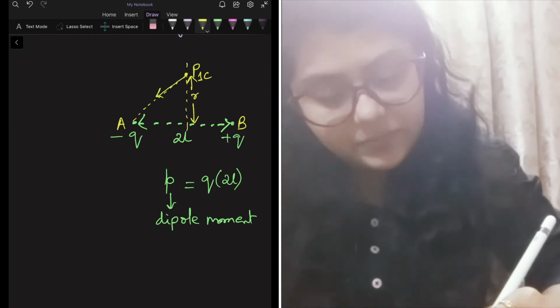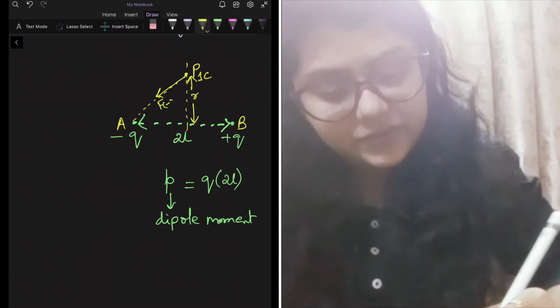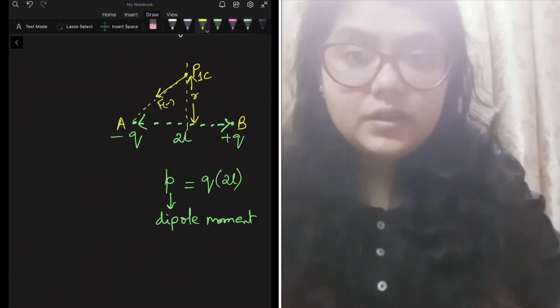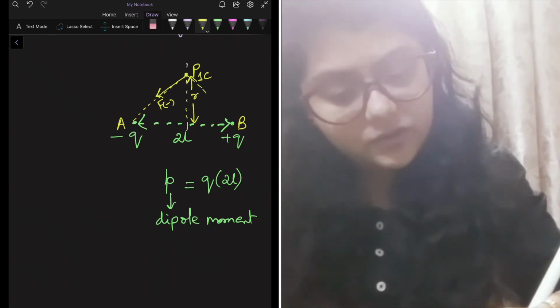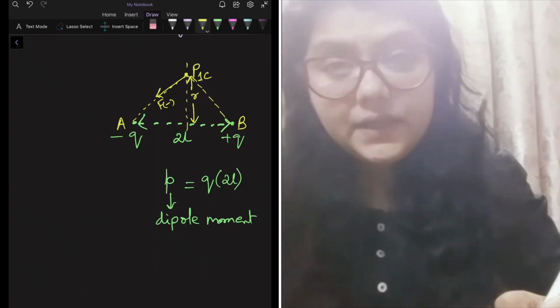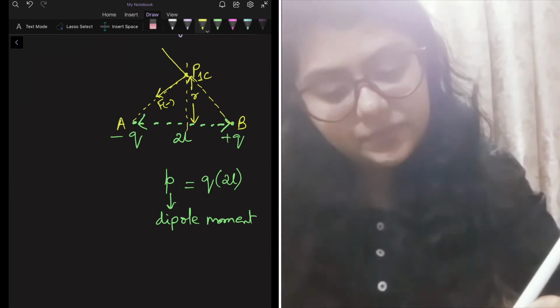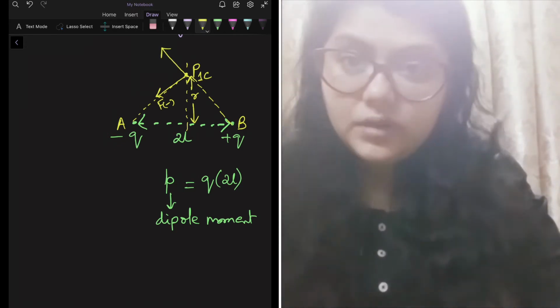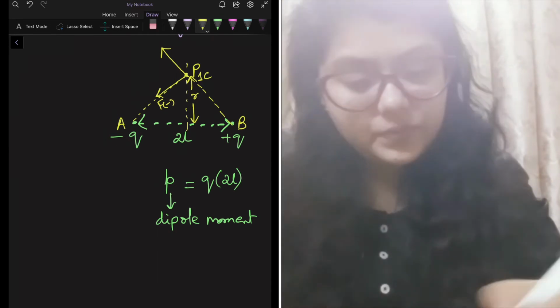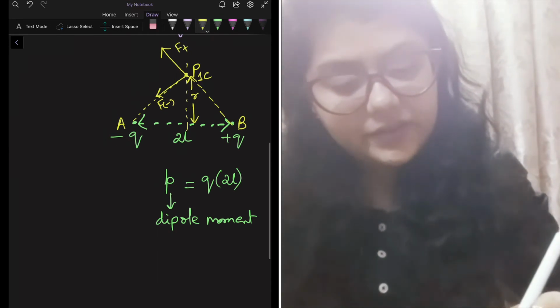So I am writing here F suffix negative. Similarly, the force on this plus 1 charge due to B will also act along the line joining PB, but this time it is going to be repulsive, directed away from plus Q. Why? Because 1 coulomb is positive and plus Q is also positive. So let me write here F plus.